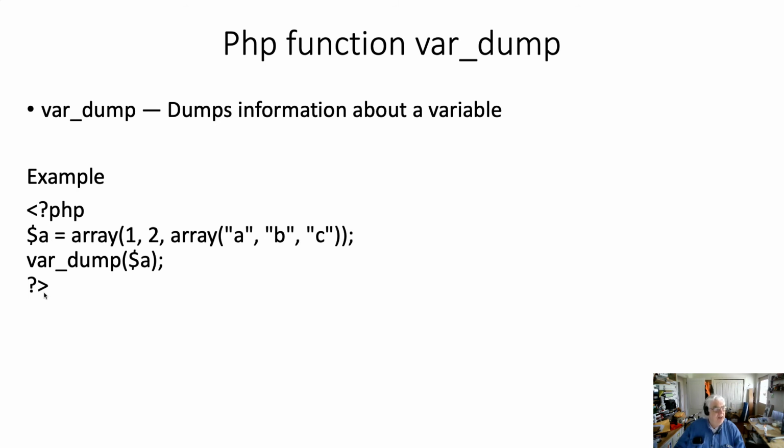There's one thing we haven't talked about that wasn't in the tutorial I'm leading you through, but past experience has told me it's worth the price of admission. There's a PHP function called var_dump, and if you're debugging, it is a wonderful thing. If you have a variable called a that is this, you can var_dump $a.